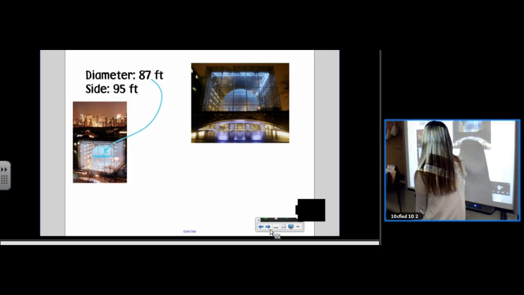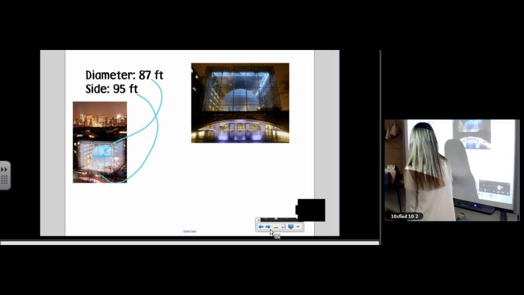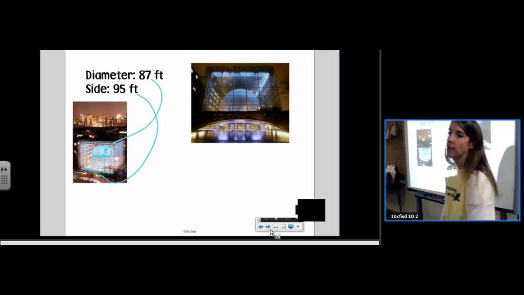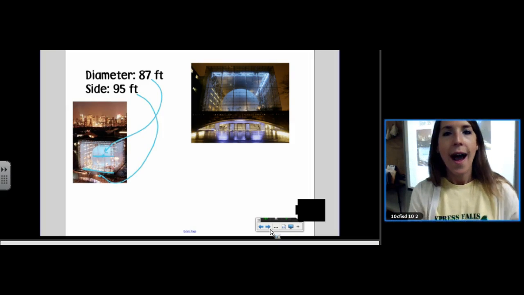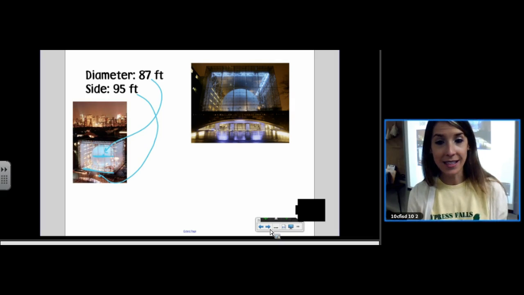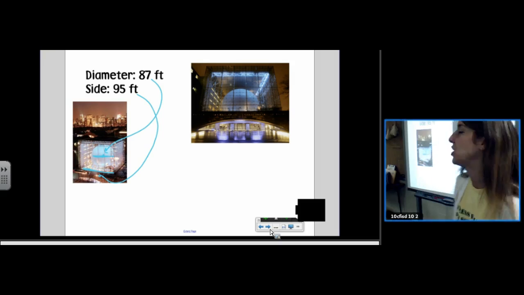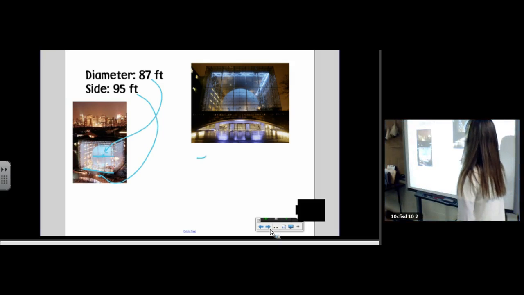And the side length of the cube is 95 feet. I want to know how much empty space is there in the museum.